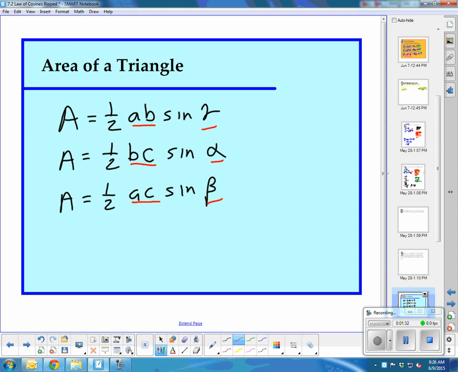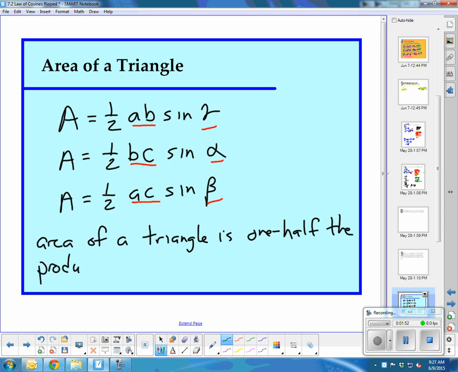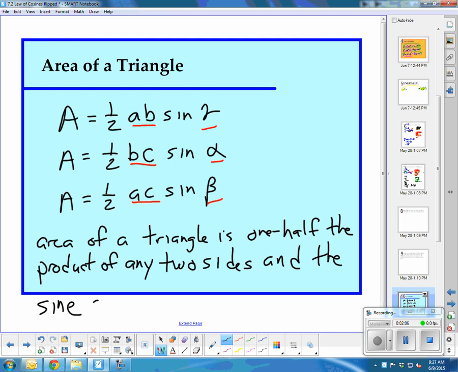Another way to say this, if you wanted to do this a little more generally and say this in words, you could say that the area of a triangle is 1/2 the product of any two sides and the sine of the included angle, meaning the angle between them.